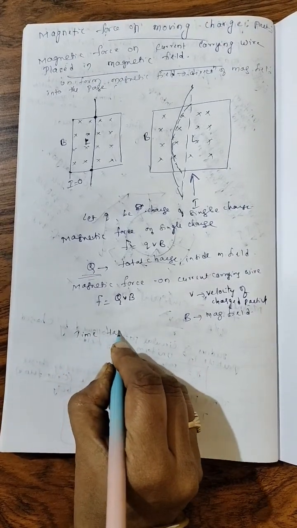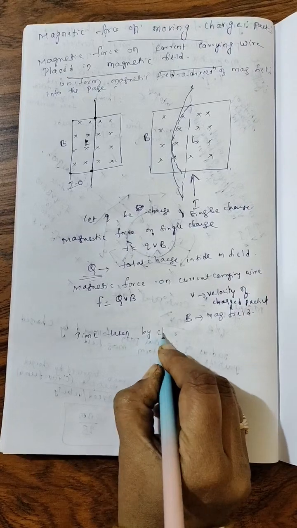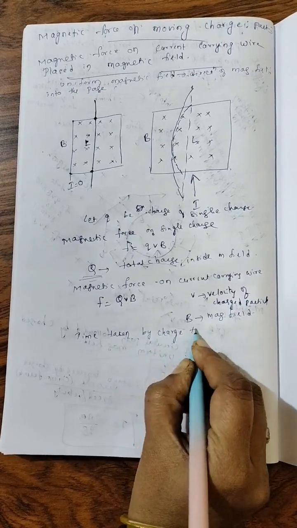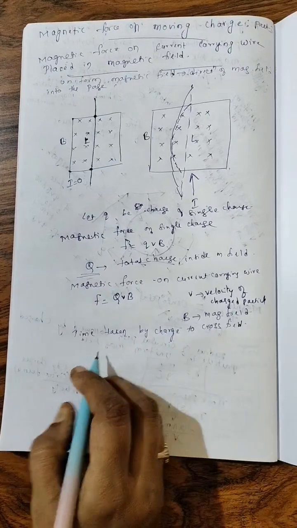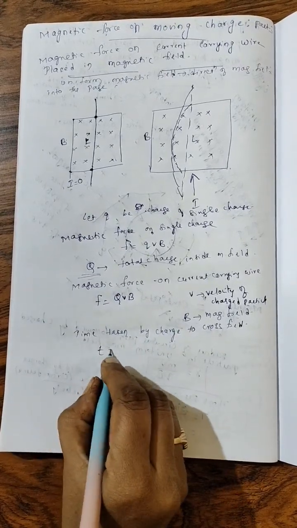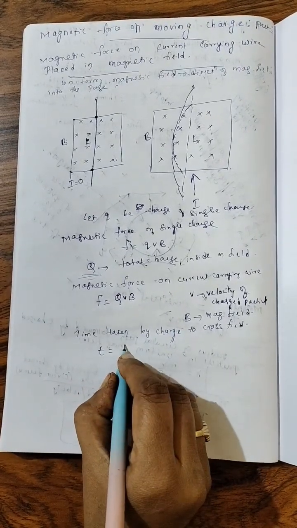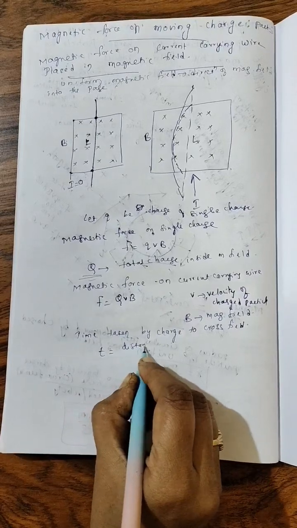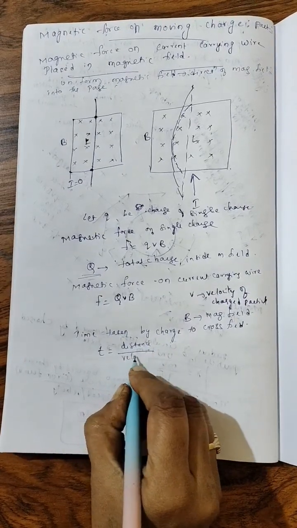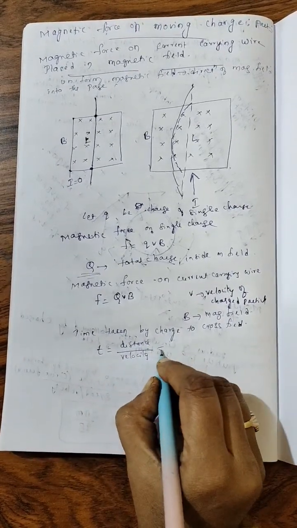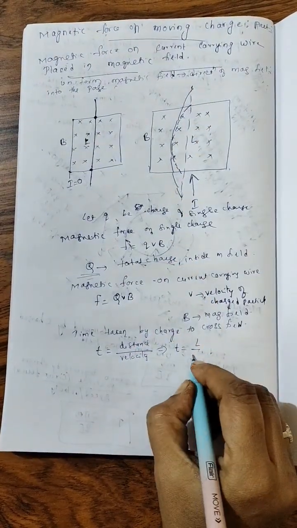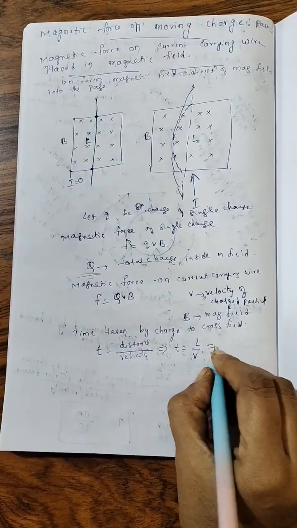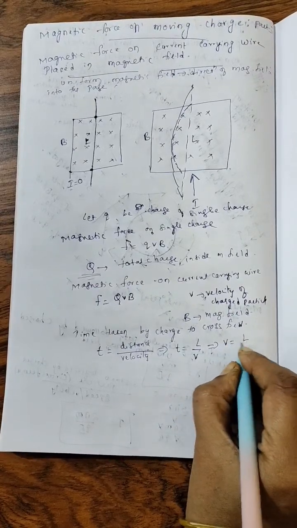Now, the time taken by the charge to cross the field. What is time? Distance by speed or velocity, anything you say, no? That is distance L it is traveling, velocity v we are assuming. From this we can write velocity is equal to L by t, no?